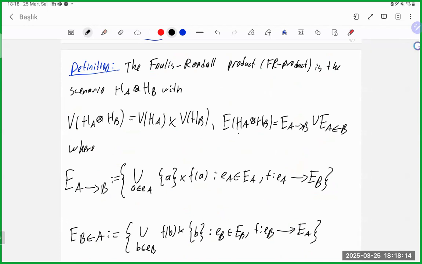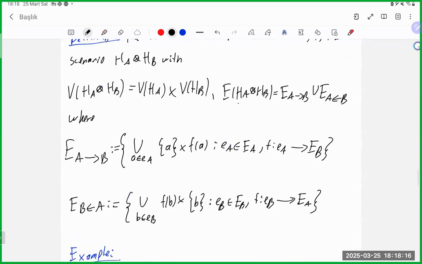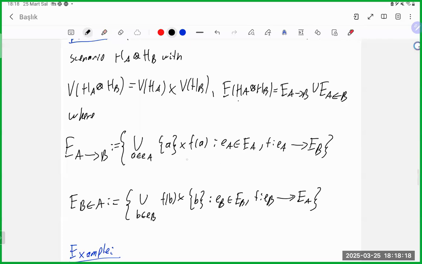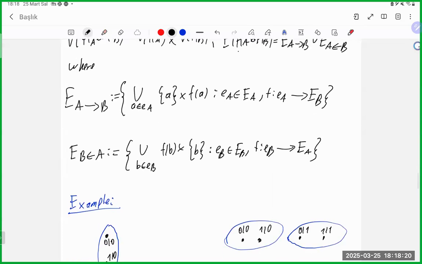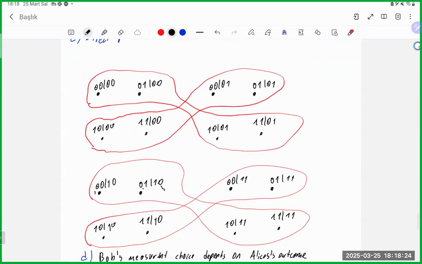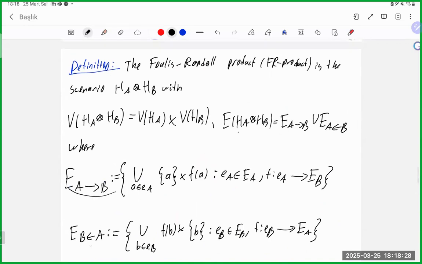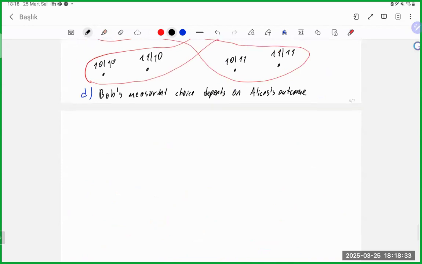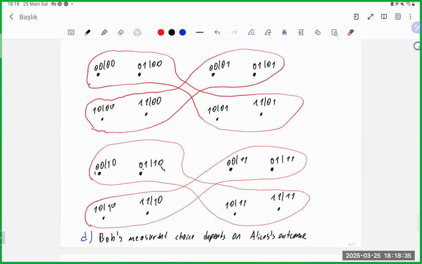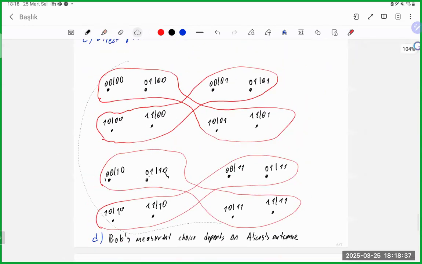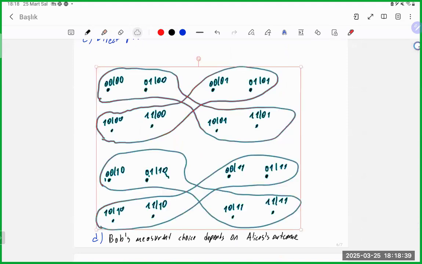Those edges correspond to this edge assignment. By the way, this direct product is contained in both this set and this set. Now I will do Bob's. Let me copy all of those.